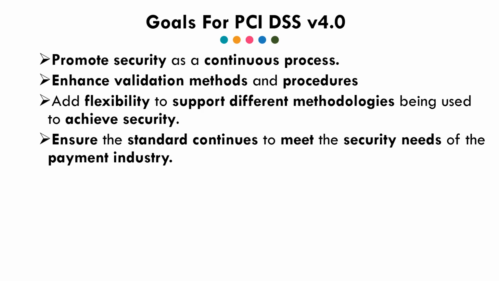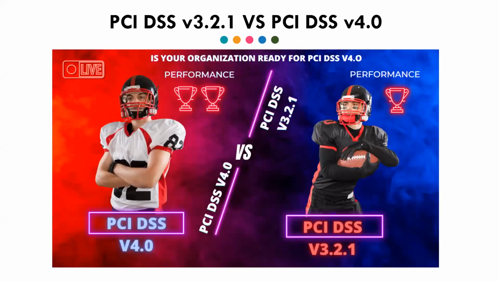And the last one is to ensure that the standard continues to meet all necessary security needs of the payments industry, right? And the best practices that are outlined in version 3.2.1 have been improved upon in version 4, right? But the 4 main goals of version 4 are what I've outlined, and we are going to dive deep into them and talk about the different areas as we move along, right?